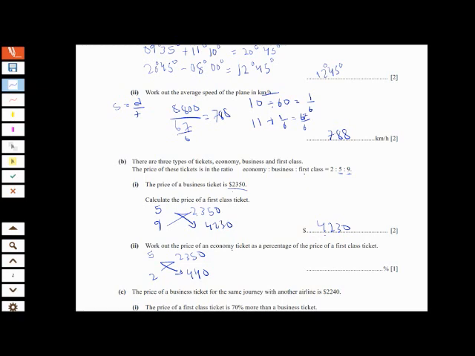They want us to write it as a percentage of the first class ticket. So basically 940 over 4,230, times 100, which equals 22.22%.